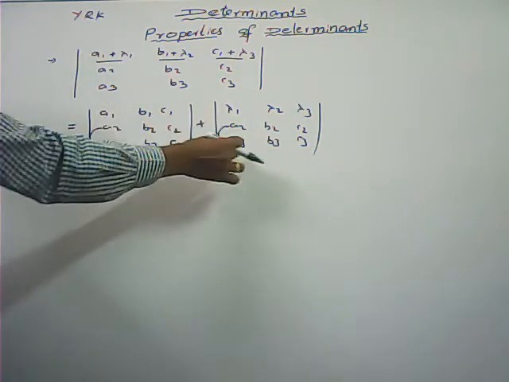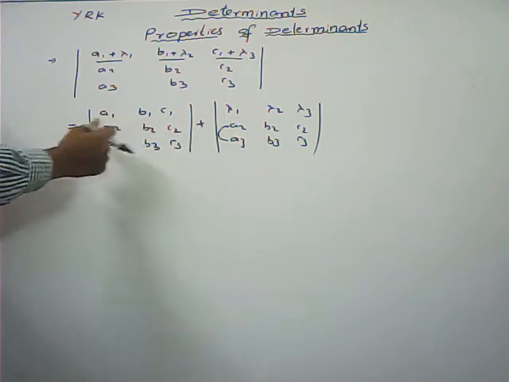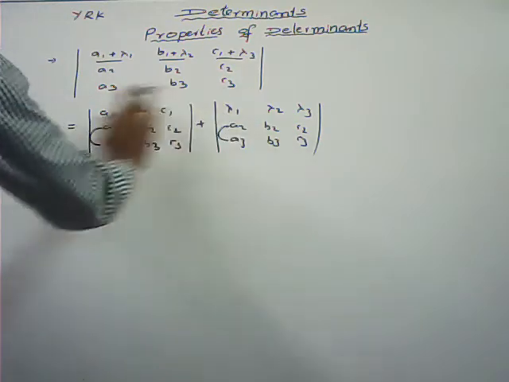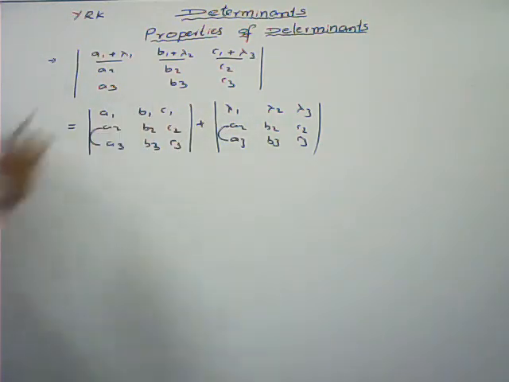Of these two, both are the same only, so instead of that you can write any one. If all three rows or three columns are different in the two determinants, then we can't add. At least either two columns or two rows should be identical, then only we can add two determinants.